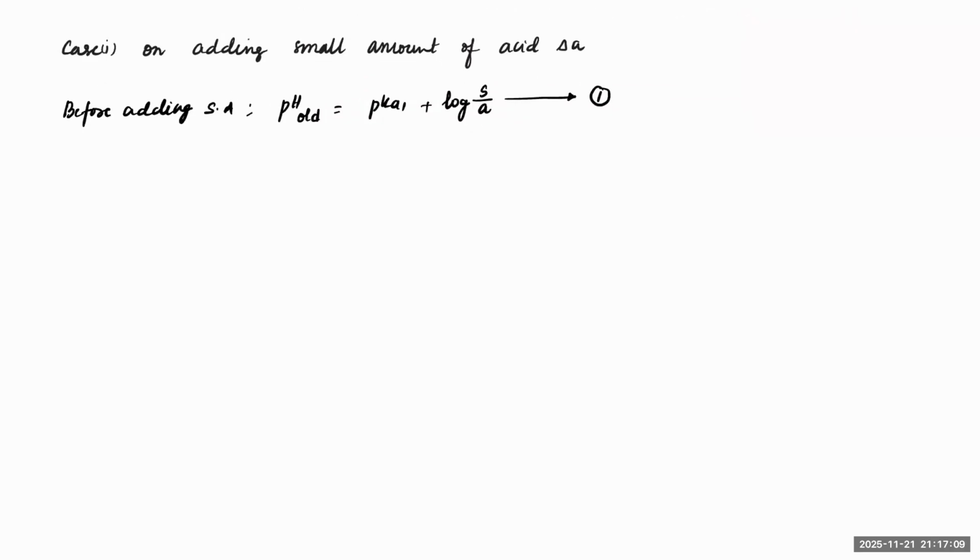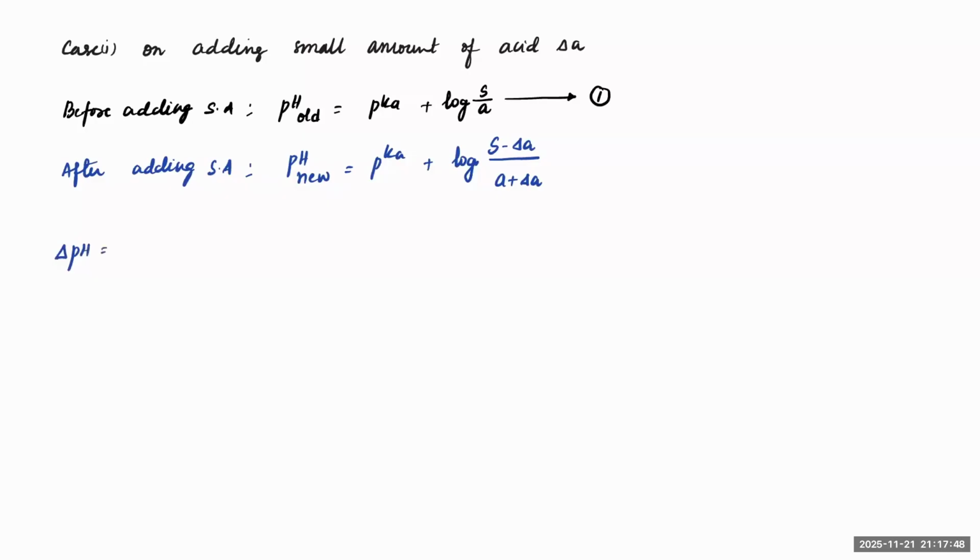And now, what is it after adding the strong acid, the external acid like HCl? Now the pH new will be equal to pKa plus log of salt minus delta A by acid plus delta A. Just like how I wrote S minus x by A plus x there, here I'm writing it as delta A. Now what is the difference?